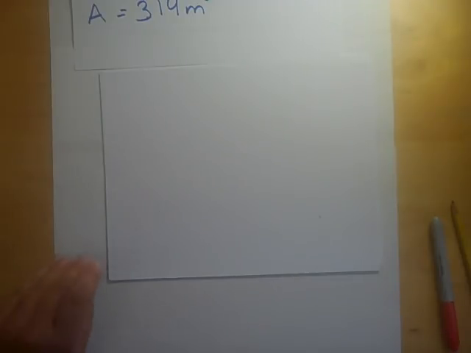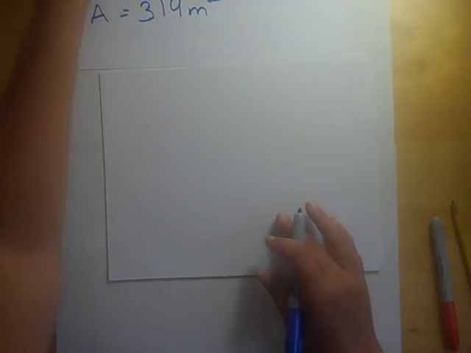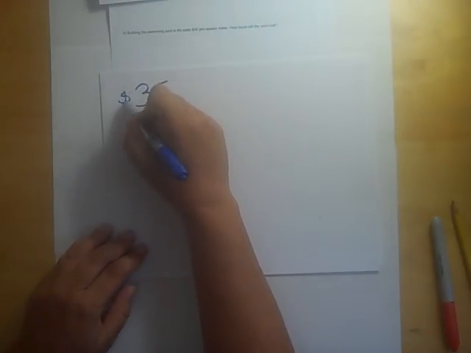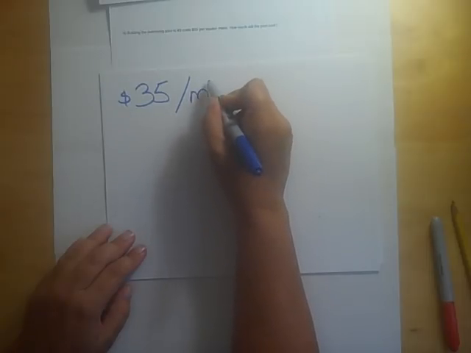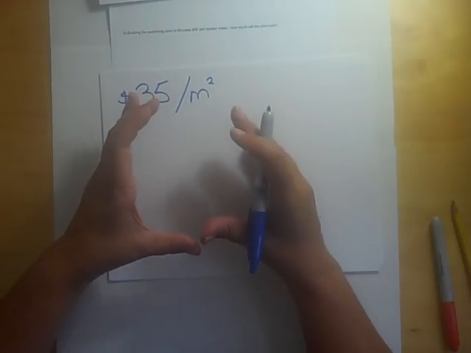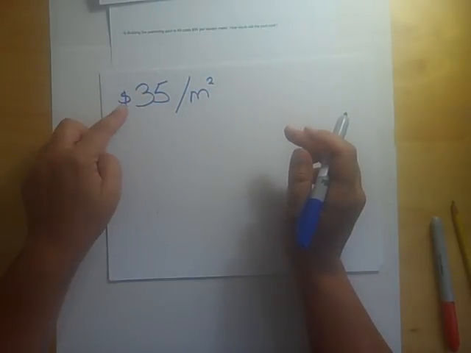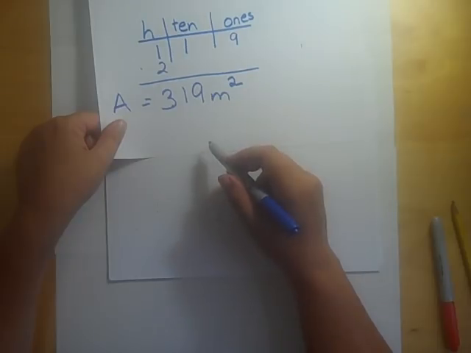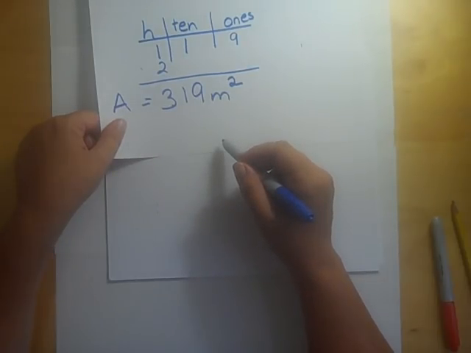So when number 4 is telling us that the pool costs $35 per square meter, that means for every one of those square meters of size, the contractor is going to charge me $35. How many square meters were there? 319. So how do we figure out if something is $35 per square meter, how much money that is?